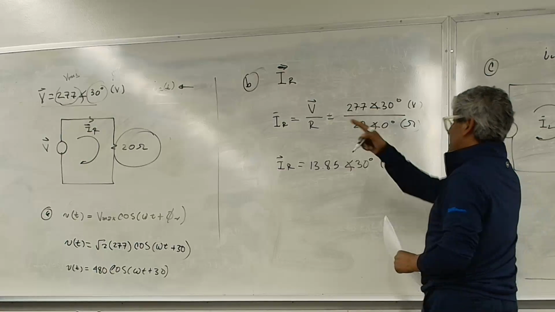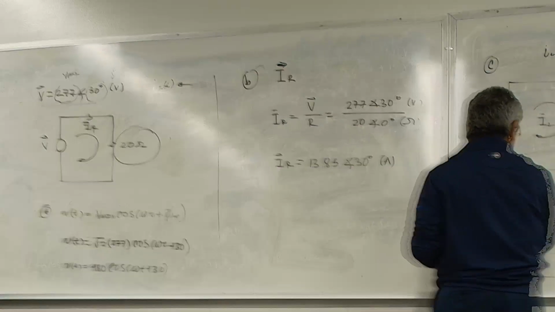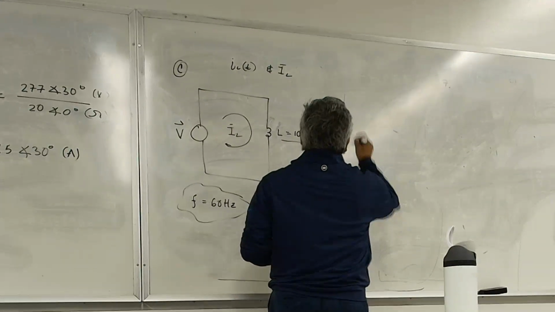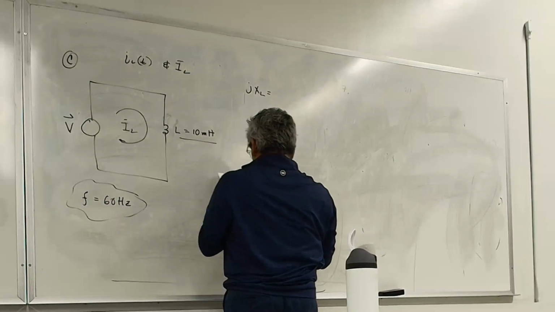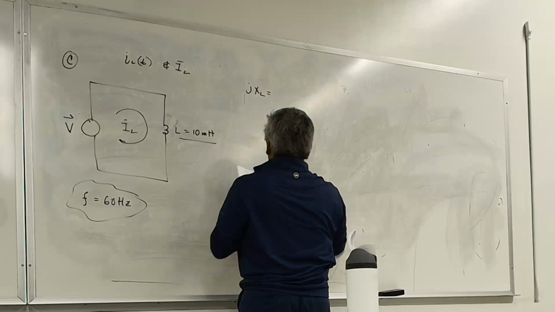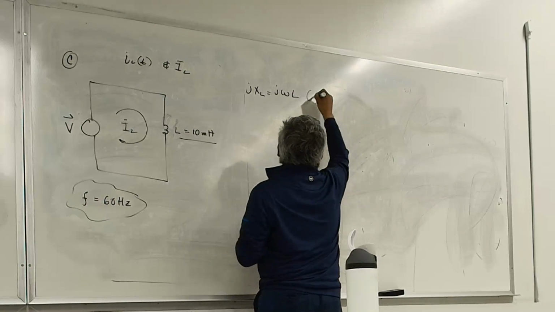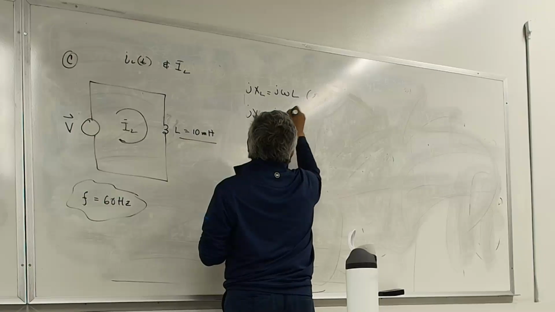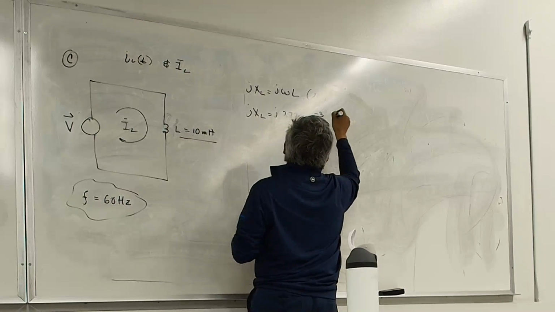They tell us at the beginning this is 60 hertz, and it's always going to be 60 hertz unless you go to Europe, but we're not there. So we know that jXL is equal to j omega L, in ohms. So jXL is equal to j377 times 10 to the minus 3.